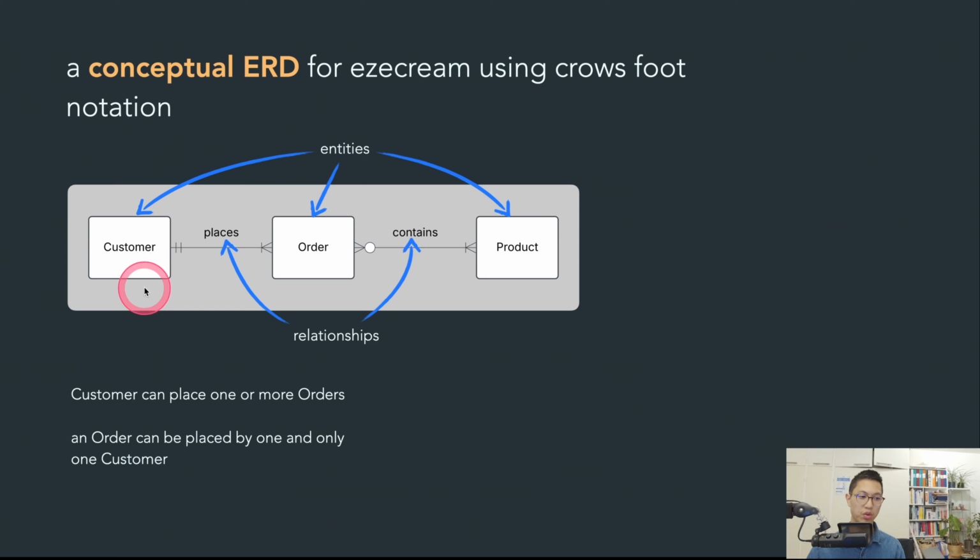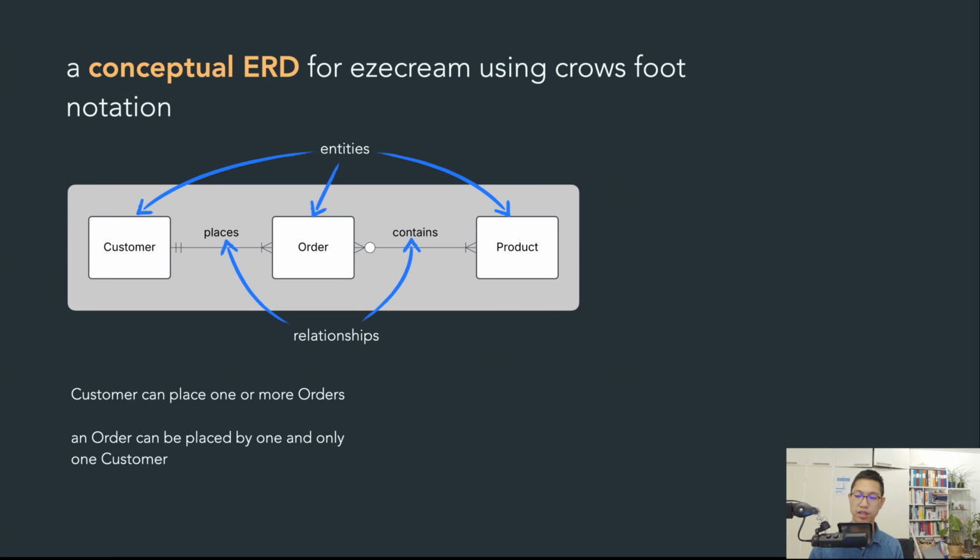You always use the singular of the entity with which the statement starts, for example, customer here. So customer, then you use singular: one customer can place one or more orders. I'm repeating this several times because this is tricky in the beginning to understand.